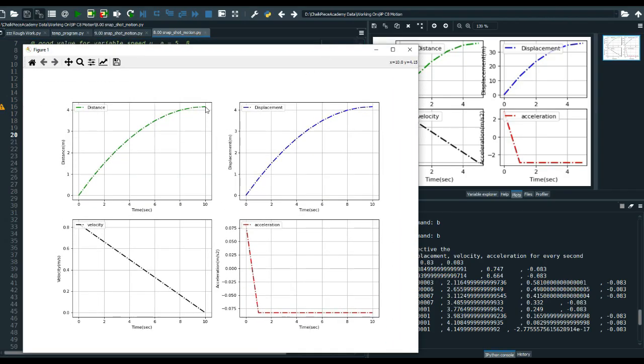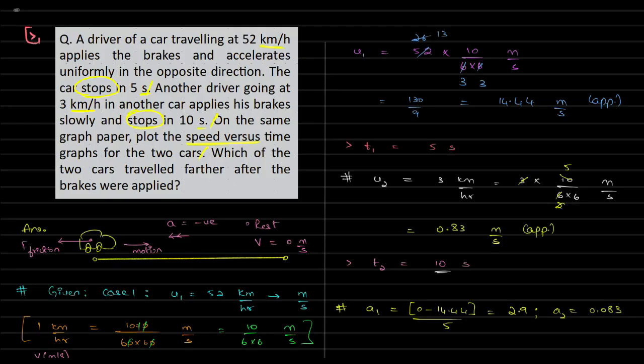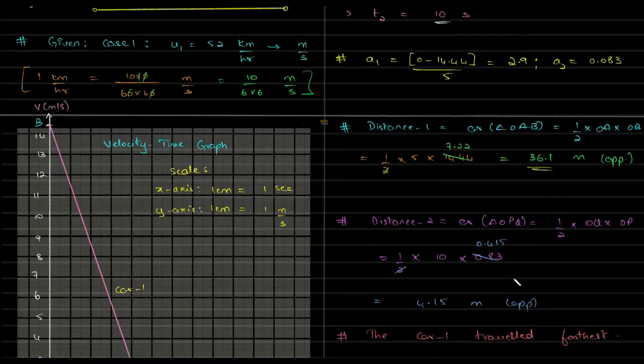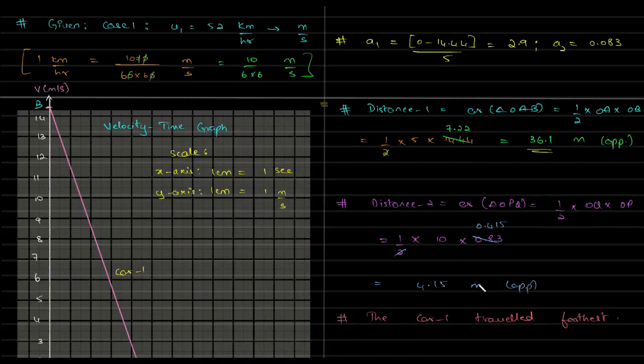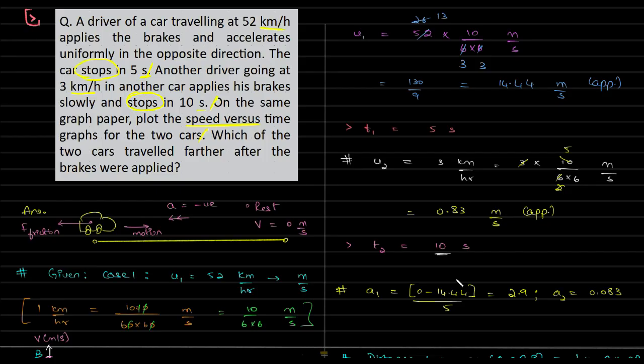So this would be over here, and you can see over here almost 10 seconds, and the answer is 4.15. So we have the answer to be 4.15 meters. Is it not? So that is your answer.